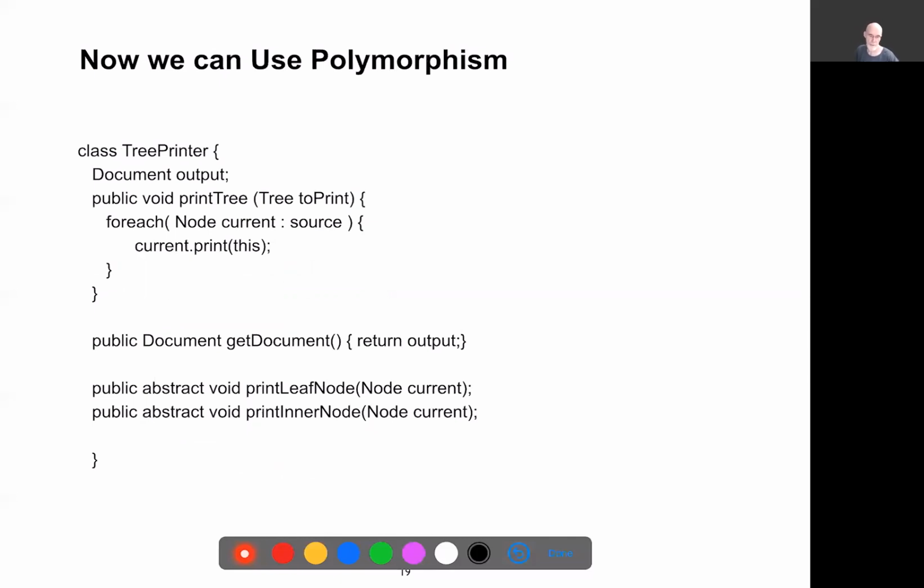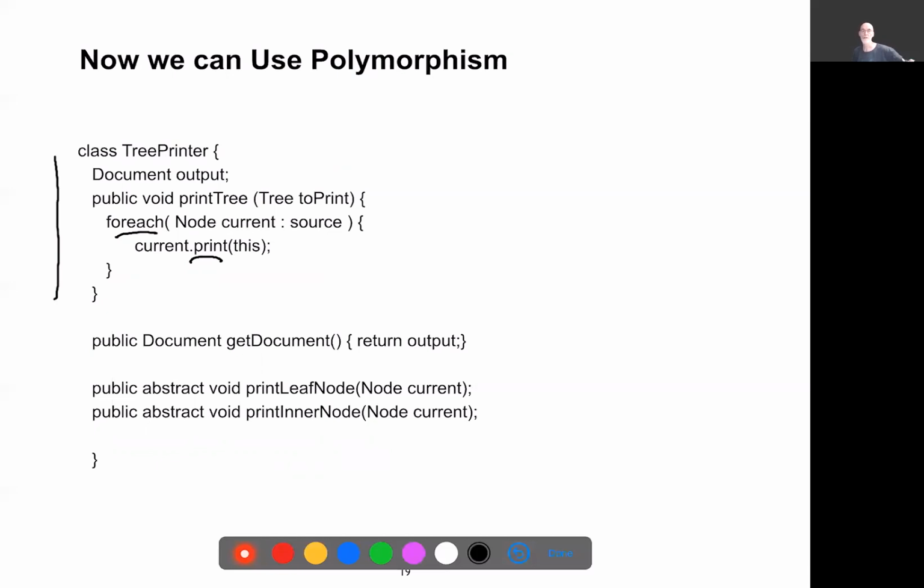So now my tree printer class, right? I can iterate through the nodes, for all the nodes, and call print on the node, right? If that current node is an inner node, then we're going to go to the inner node dynamically, and the inner node print method is going to call print inner node on the document, right?